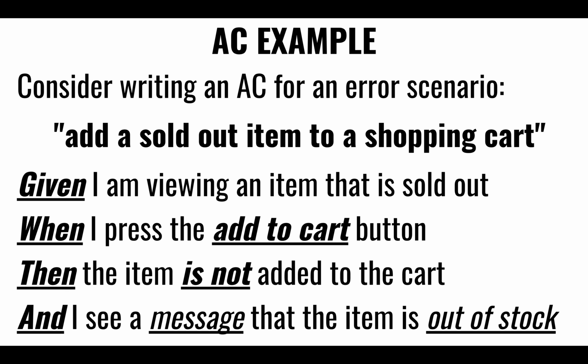So for instance, I might say that given that I am viewing an item that I know is sold out, if I press the add to cart button nevertheless, right, I would hope the application would know what to do correctly, right? That the item is not added to the shopping cart, and that the application would notify me with some alert, and some message complaining to me that that item is out of stock. How dare you, right?